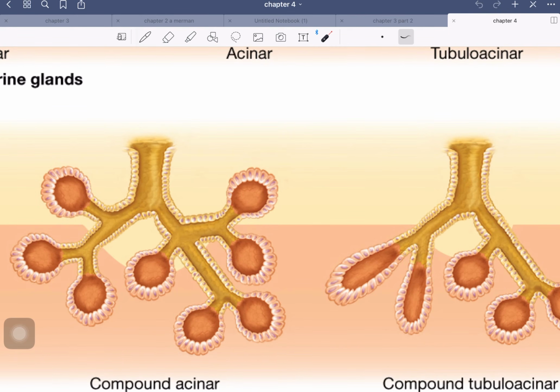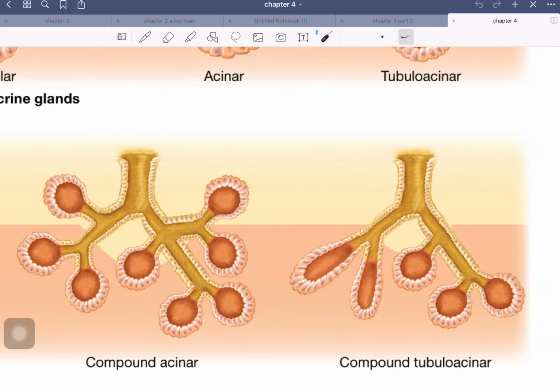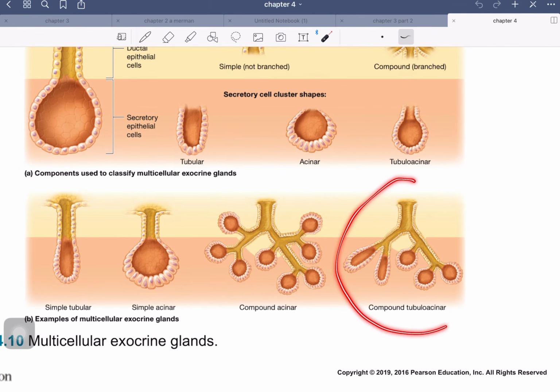So this is compound, because it has all these shapes. And because some of the cells making up part of the tube structure are producing the product, it's tubulo. And because many of the cells at the end are forming this big round area, acinar. So this is an example of a compound tubulo-acinar.